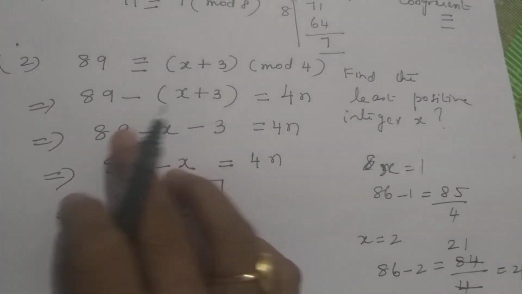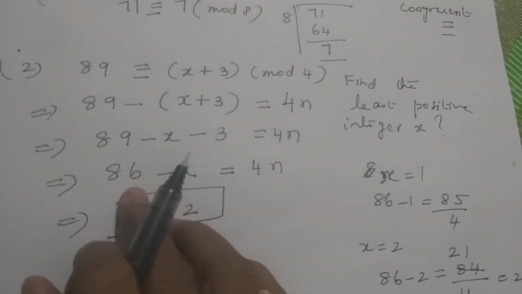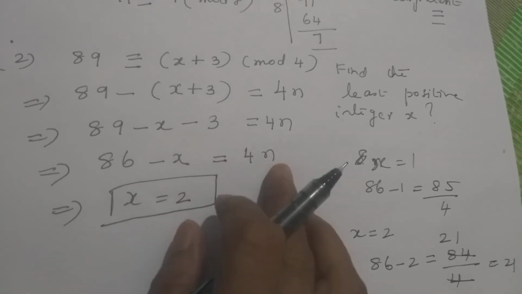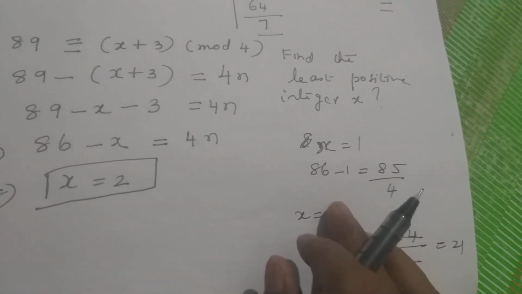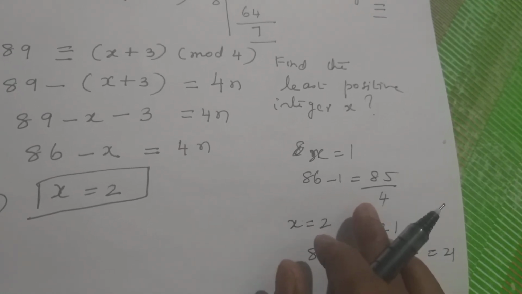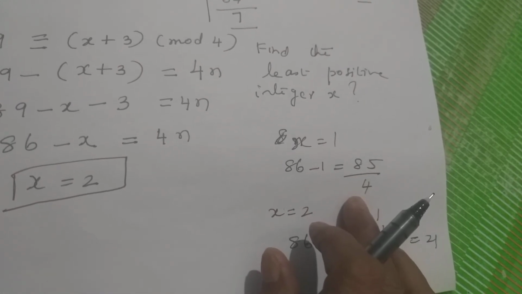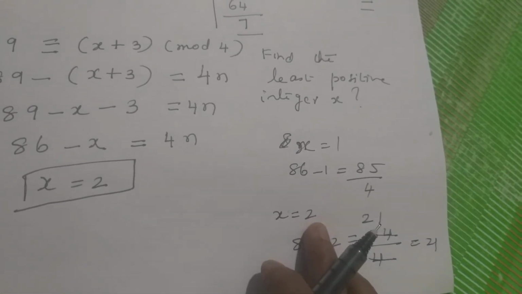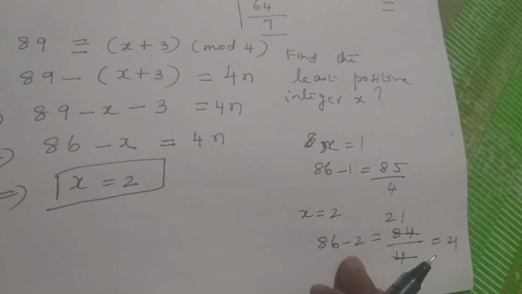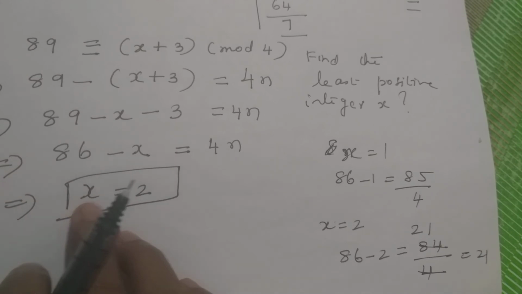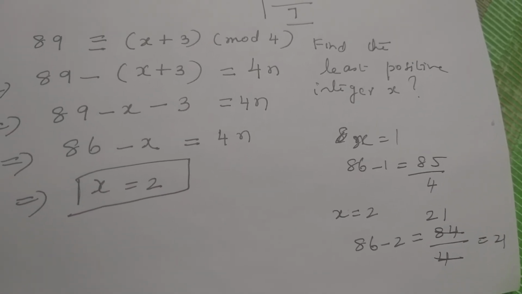Now 89 minus 3, only constants, simplify: 86 minus x equal to 4n. So now you have to substitute for x values and check, but the lowest number. So start from 1. When you substitute 1, it is not divisible. When you substitute 2, it correctly goes 21 times, remainder 0. So stop here and write x equal to 2 as the answer. Children, I hope you understand this mod concept.